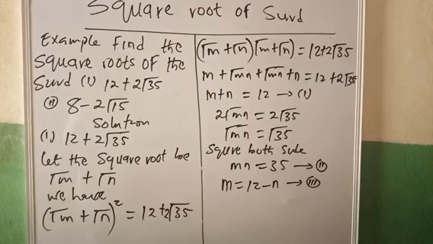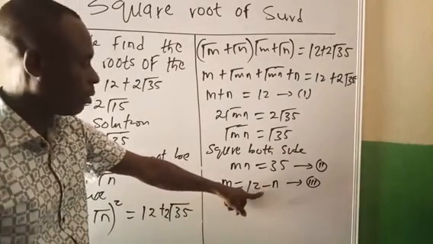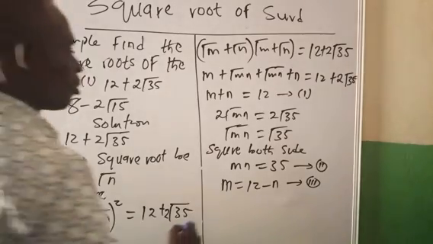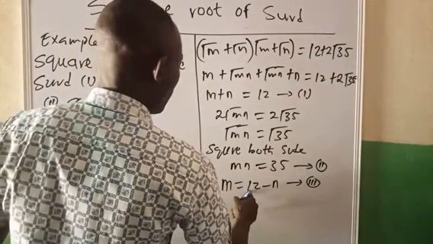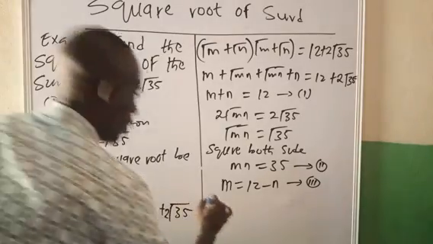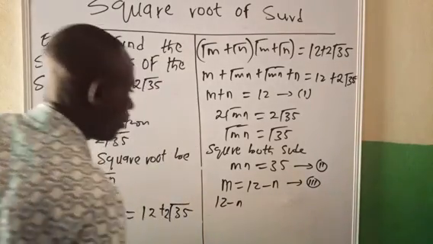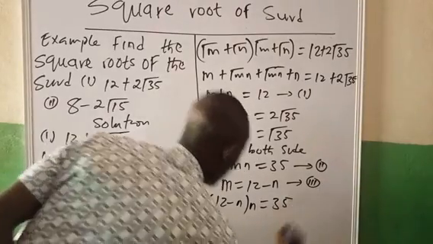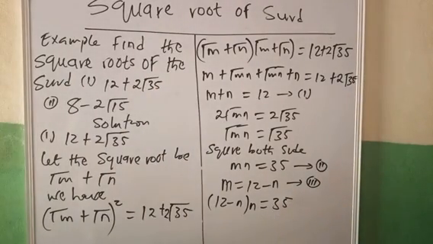So if I substitute equation 3 into equation 2, all I will do is, anywhere I see m, I put 12 minus n. So I will have 12 minus n, bracket, n is equal to 35.